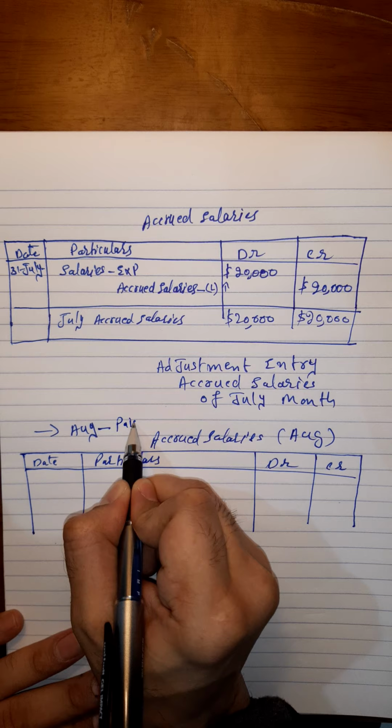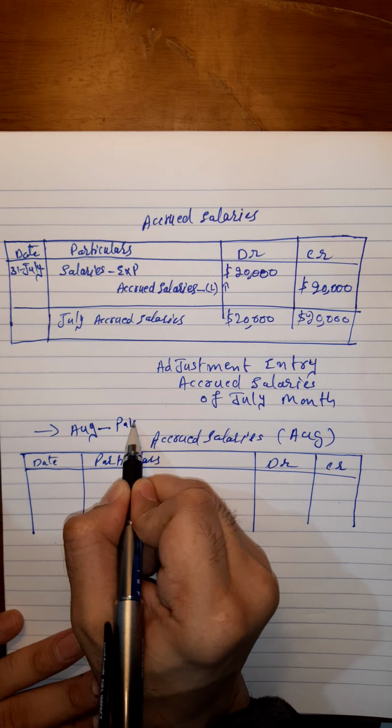Friends, accrued expense is our liability. This is the most important point. Why? The question is, why is accrued expense our liability?